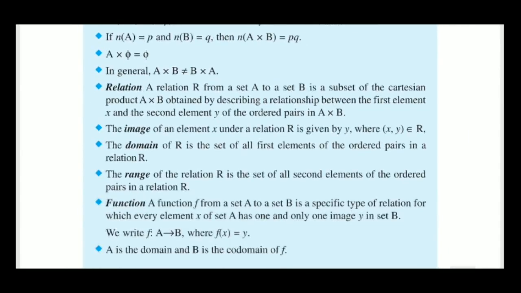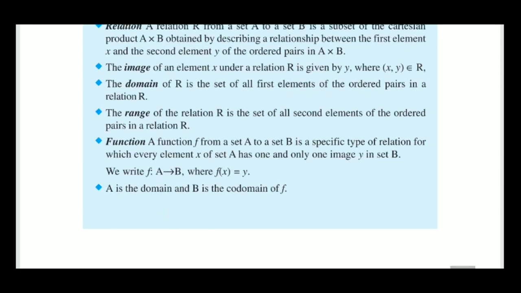And see the definition of a relation. Once again I am going to repeat what a relation is. A relation is a subset of the Cartesian product of A and B. The domain of a relation R is the set of all first elements of the ordered pairs in the relation, and the range of the relation is the set of all second elements of the ordered pairs in the relation.